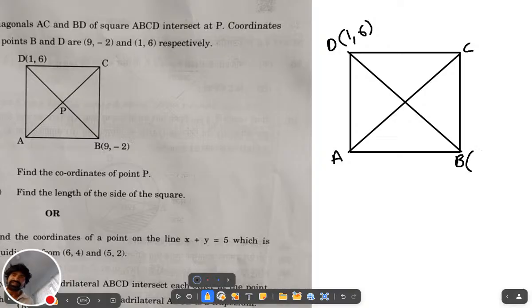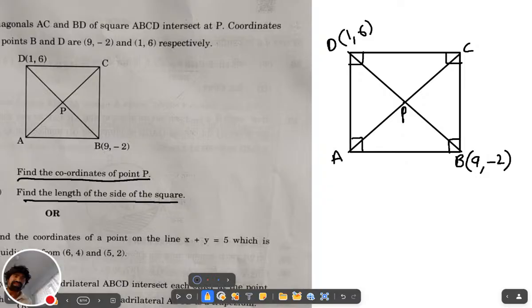B coordinates are given, (9, -2). And the point of intersection is P. We know that the angle at every vertex is 90 degrees. So the first question is find the coordinates of P, and the second question is find the length of the side of the square. So let's answer these questions.